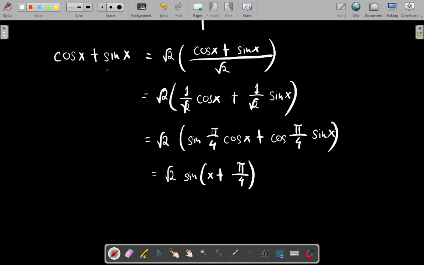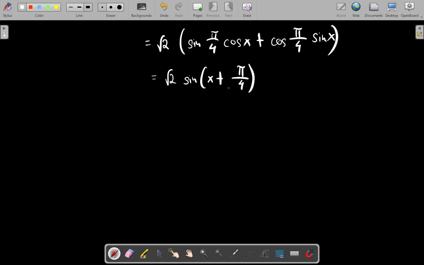Now this cos x plus sin x becomes equal to root 2 times sine of x plus pi by 4. Now sine of theta lies between plus 1 and minus 1, whatever the theta be.